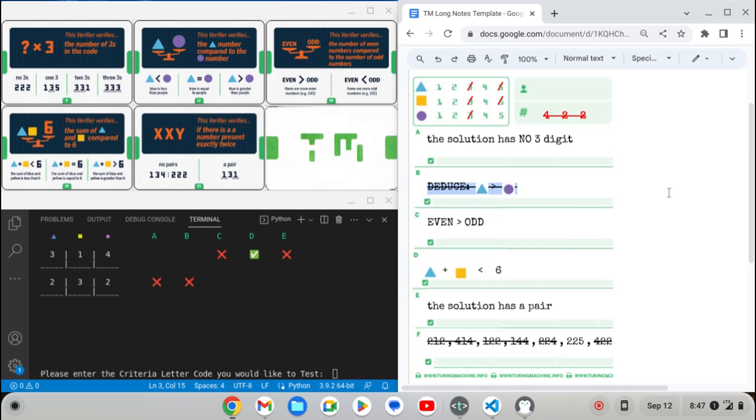I am still wondering what else I could test, or what sort of proposal. Okay, so we know triangle and circle is not equal.